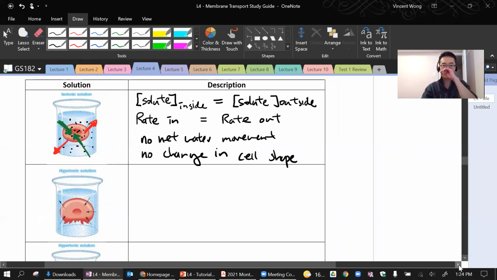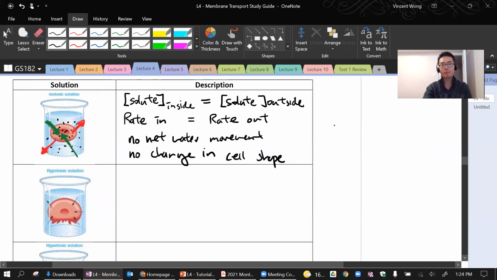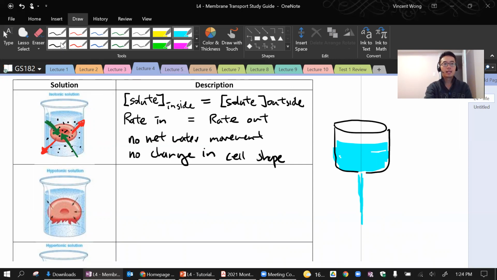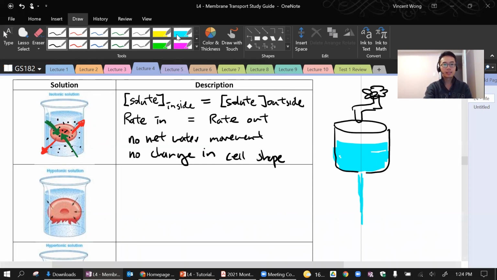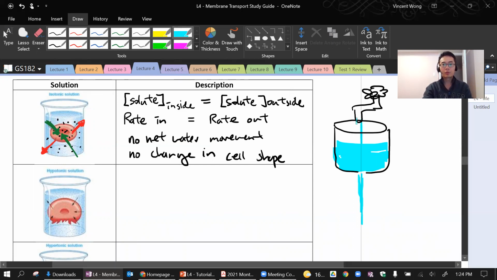Another way to visualize this is if you have a bucket, and I put a hole at the bottom. There's some water in the bucket, and it's leaking like that. At the same time it is leaking, I can turn on the tap. If the rate at which the water leaks out is the same as the rate at which the water is coming in, then what happens to the water level?